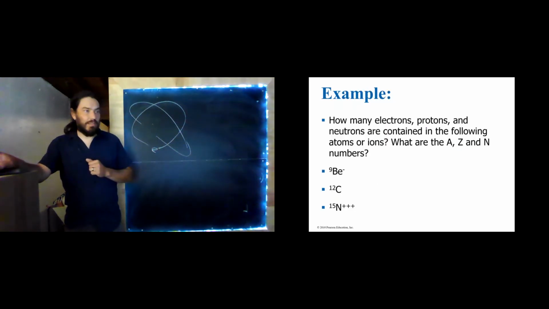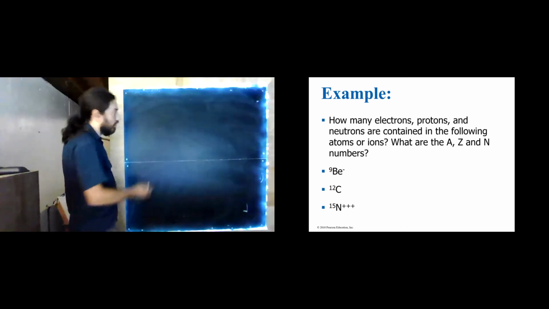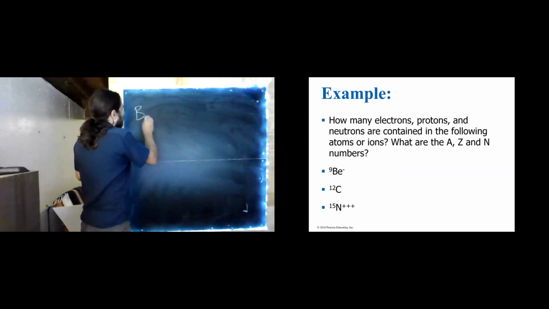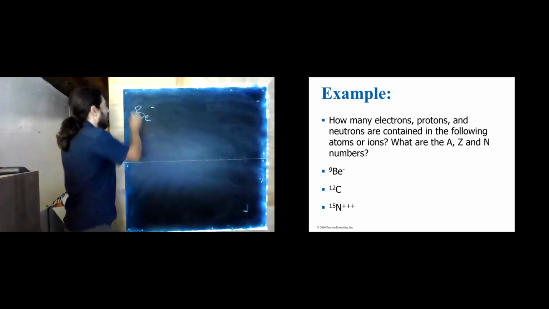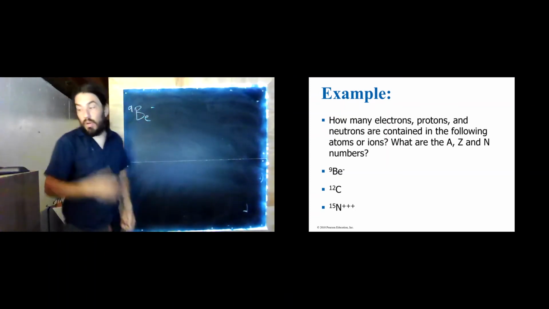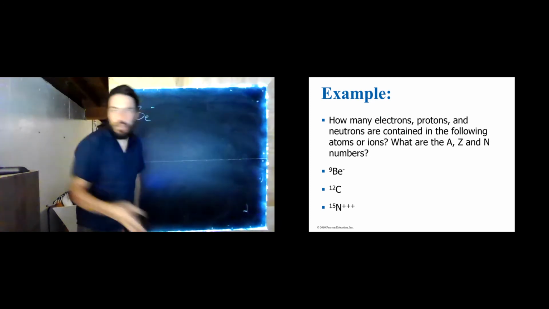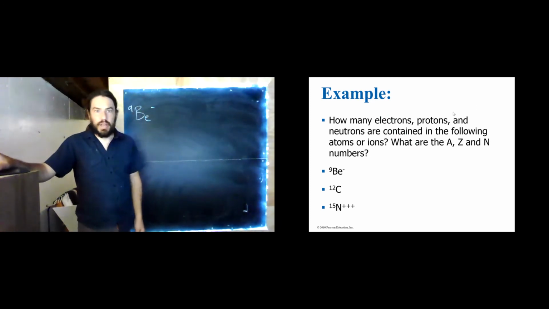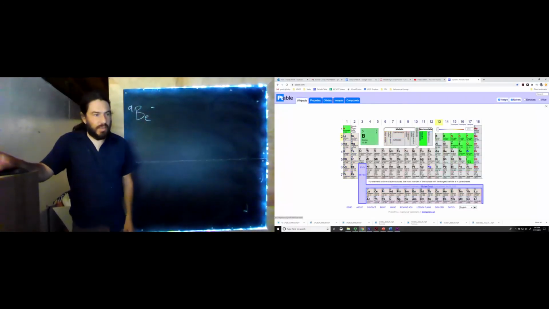Let's do a quick example. How many electrons, protons, and neutrons are contained in the following atoms or ions, and what are the A, Z, and N numbers? Okay, so beryllium-9. Okay, well, what we should do is we should go to our periodic table. And here we see our periodic table.